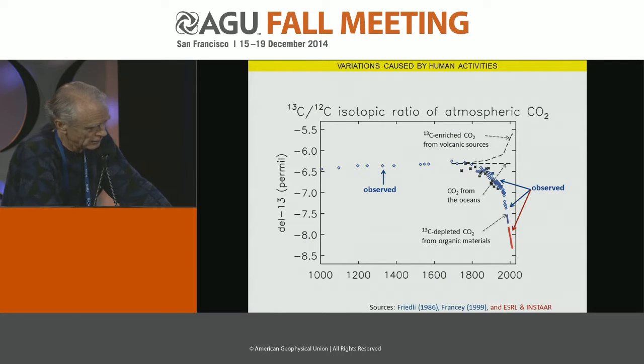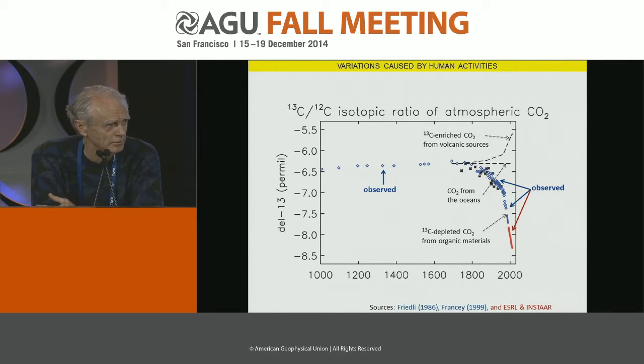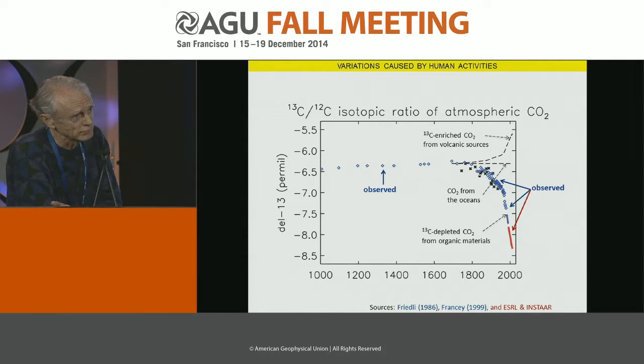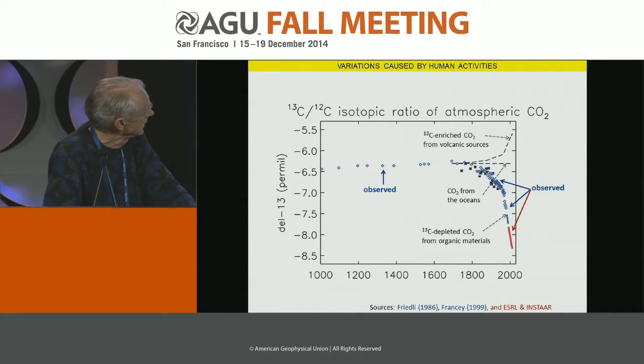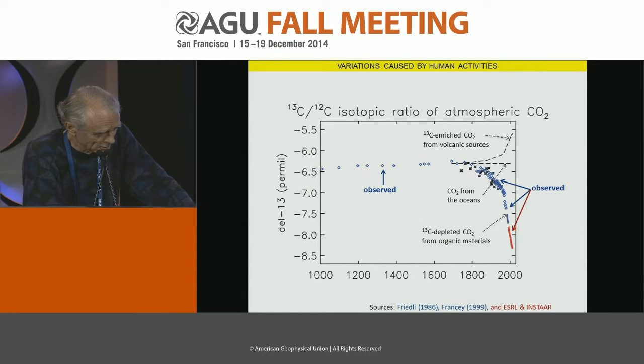If the additional CO2 that we see in the atmosphere were to come from the oceans, C13 would not have changed. If, as has been alleged by some climate deniers, it had come from volcanoes, C13 in the atmosphere would have increased. But we see that that's not the case.